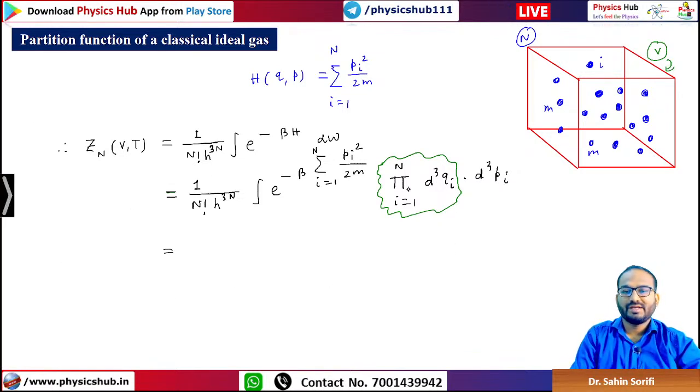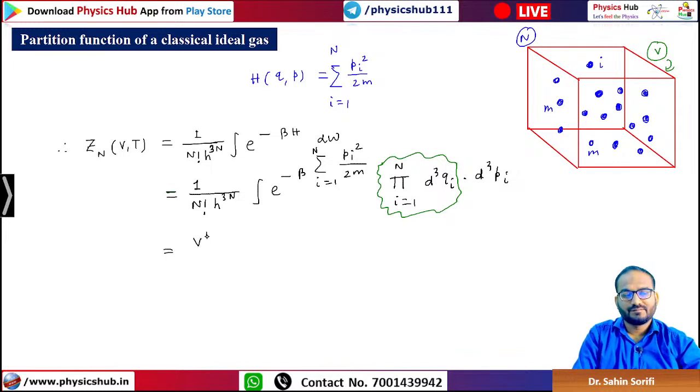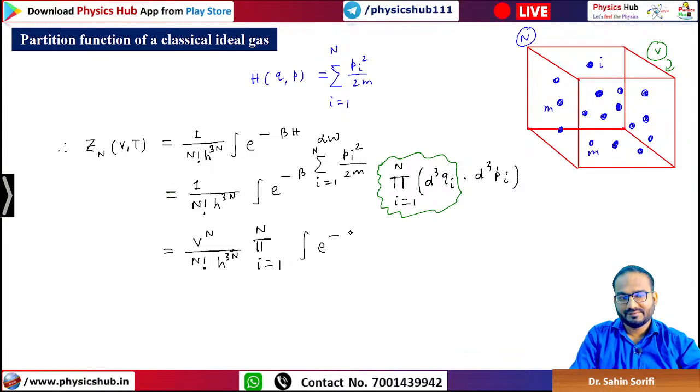So here the product i equals 1 to n will become v to the power n, and this n factorial will remain as it is, h to the power 3n will remain as it is, and you see this d3qi and d3pi, they are in product. So this product, pi denotes product, i equals 1 to n, integration e to the power minus beta pi square upon 2m d3pi.